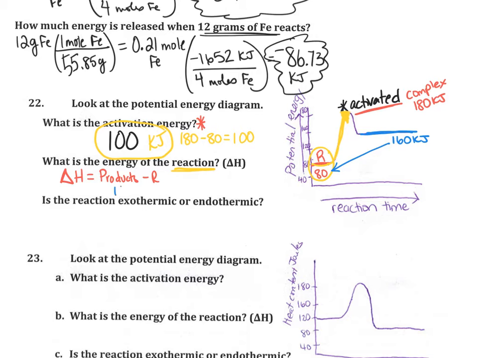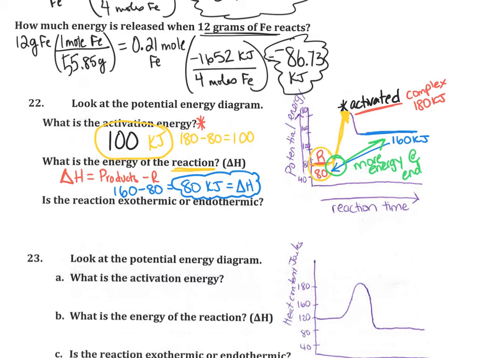So we're going to do 160 minus 80, and we're going to get 80 kilojoules is our delta H of the reaction. So is this exothermic or endothermic? Well, we can see that from when we started to when we ended, we have more energy at the end than at the beginning. So that means that energy had to go into the system. So that would make this endothermic.